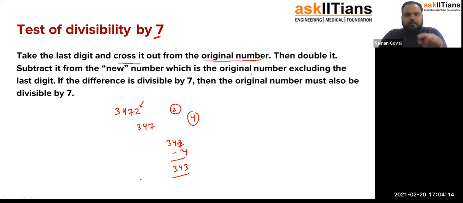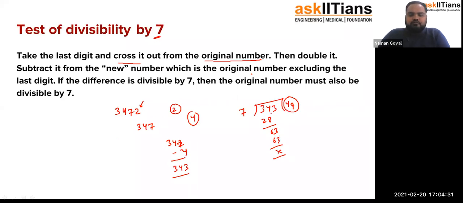Are you getting my point? So we want to check whether 343 is divisible by 7 or not. 7 times 49 gives 343. So yes, 343 is divisible by 7, so we can say that 3472 is also divisible by 7.